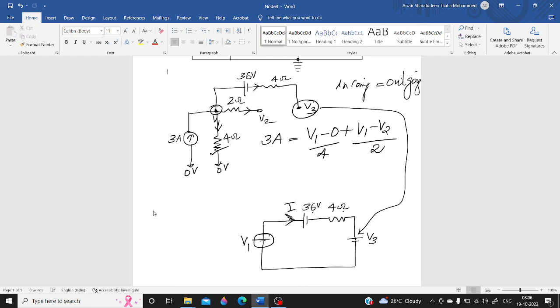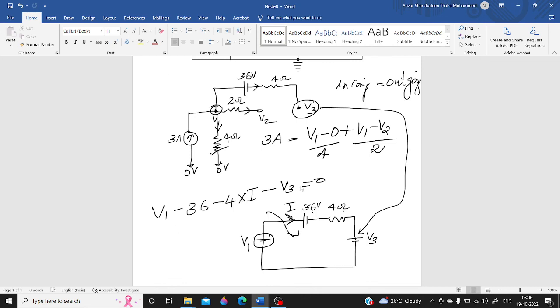Applying KVL, increase in potential is V1, minus 36, minus 4 into I, where I is the current you want to find, minus V3 is equal to 0. This is the KVL equation.